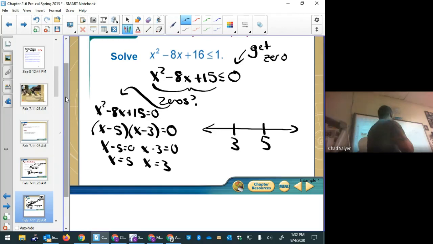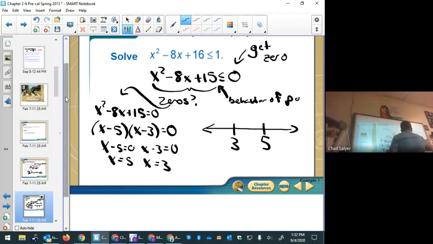And now I'm going to need to know the behavior of f of x, where f of x is that polynomial. And that's going to determine how we classify these sections as positive or negative behavior. So if the polynomial's function is above the x-axis before 3, then we'll put a plus.